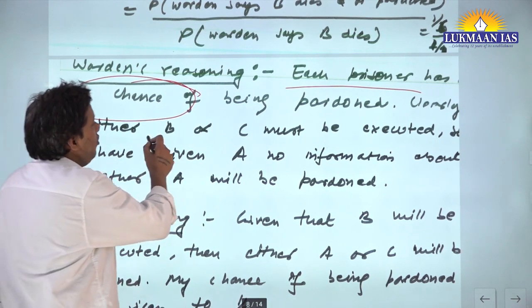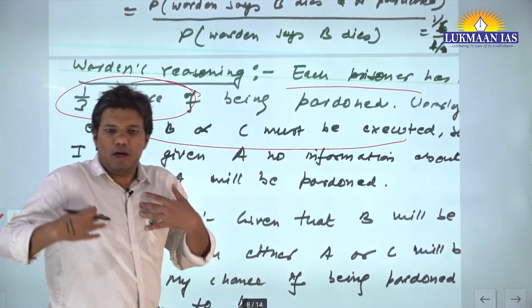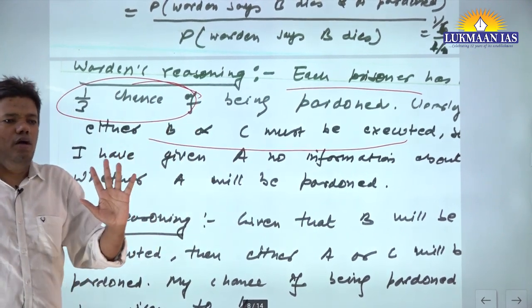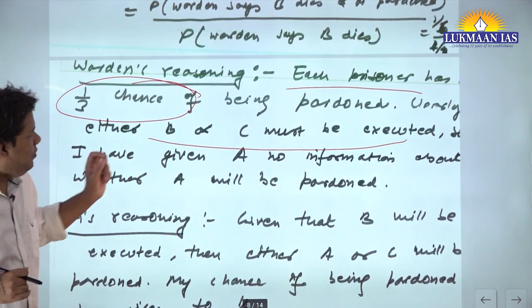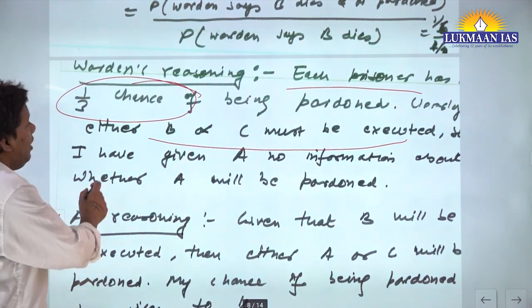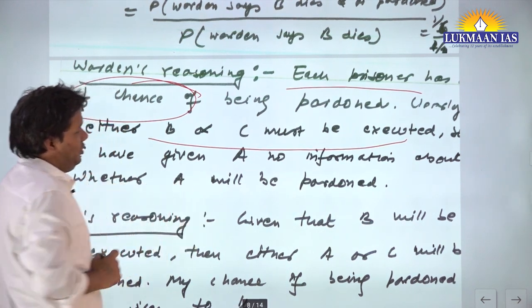Clearly either of B or C must be executed, right? क्योंकि उसे पता है कि 3 prisoner है, उसमें से 2 तो एग्जीक्यूट होने ही हैं, तो या तो B या C में से कोई एक तो एग्जीक्यूट हो गया होगा. Okay, so I have given A no information.